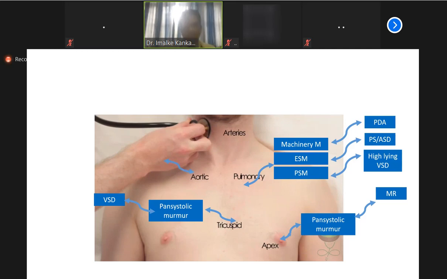This is a bit rare. If you hear a murmur best heard in the aortic area, it will be ejection systolic, and in that case, look for carotid radiation. So this is your syllabus.